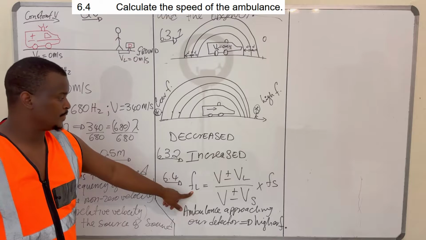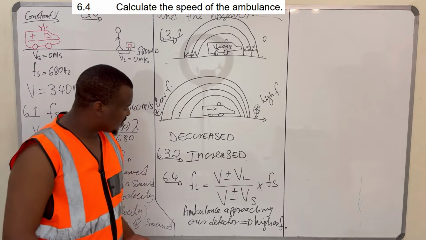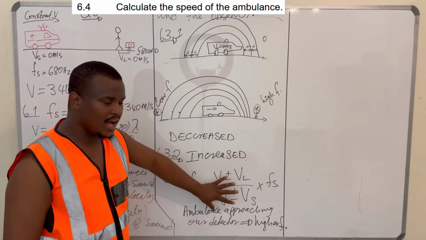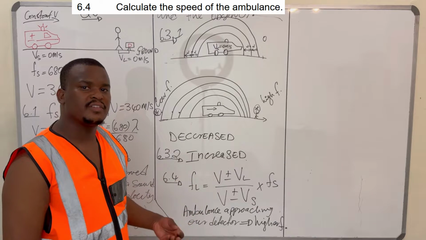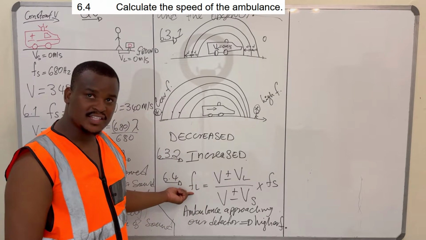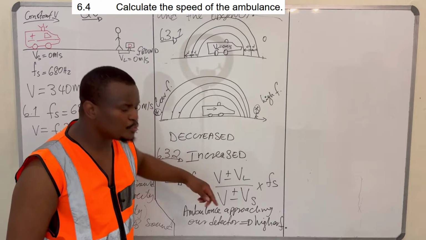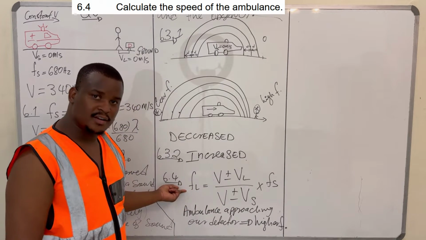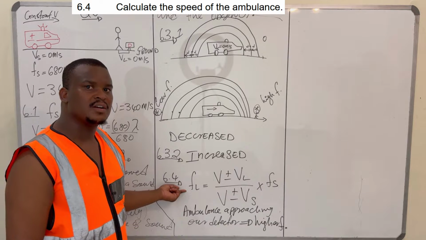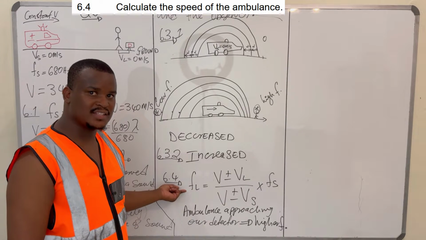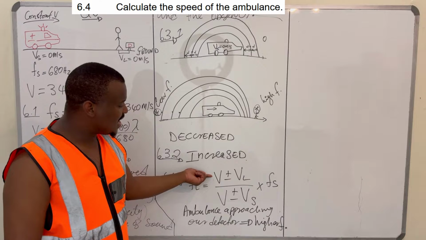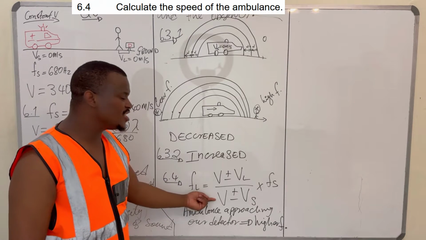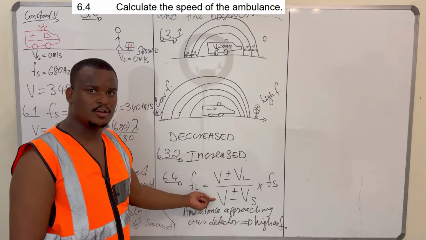So in this formula, if we want to observe the highest possible frequency, the numerator should be as big as possible and the denominator should be as small as possible.